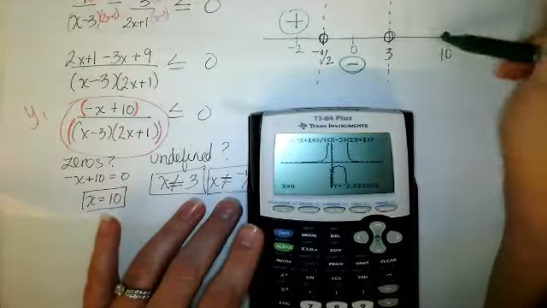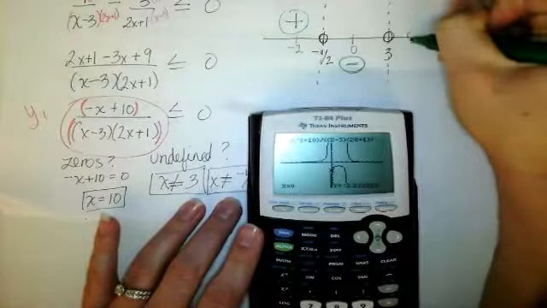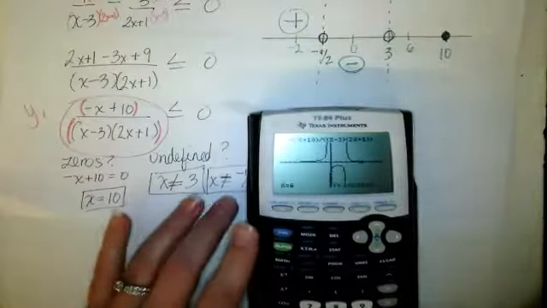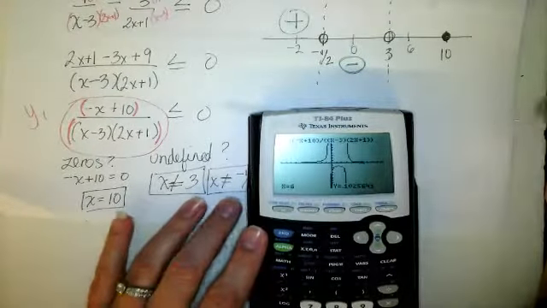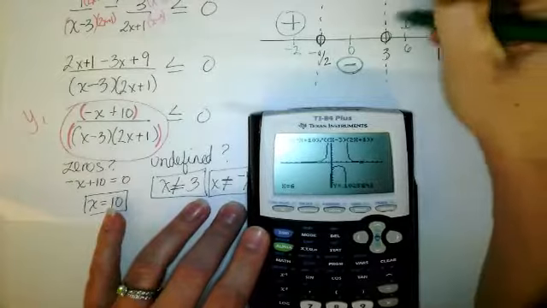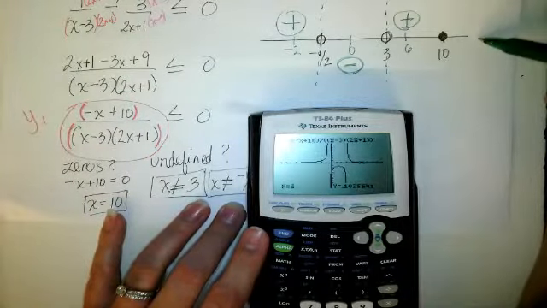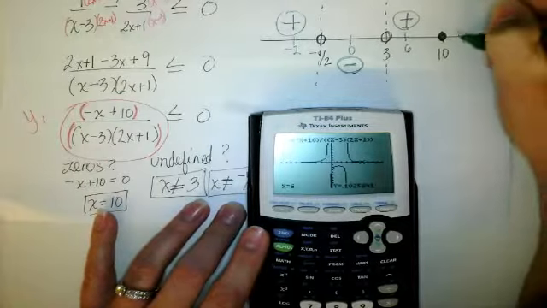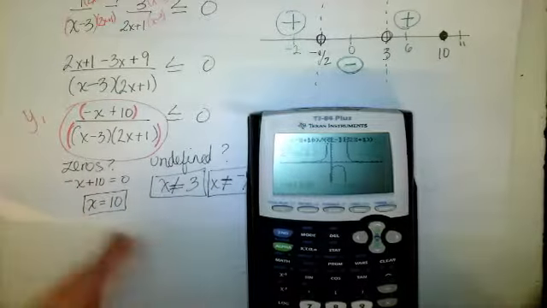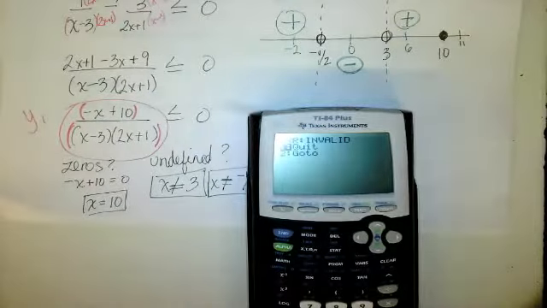Give me a value between 3 and 10. 6, I heard first. Because that's sitting right next to me. Positive or negative result? Positive. All right, give me a value to the right of 10. 11. What's the problem?